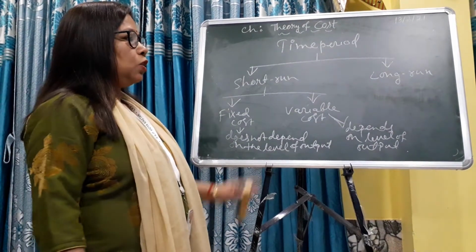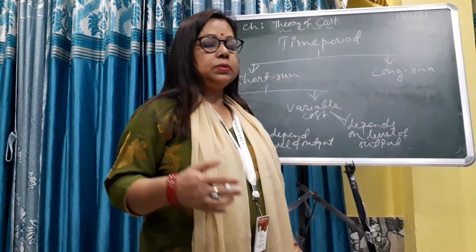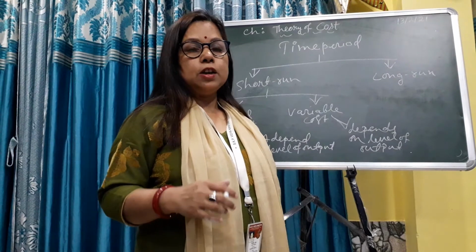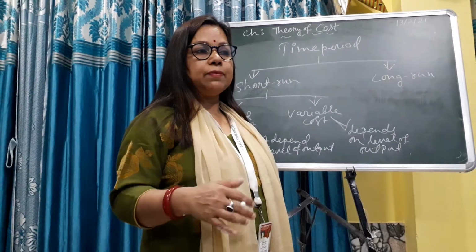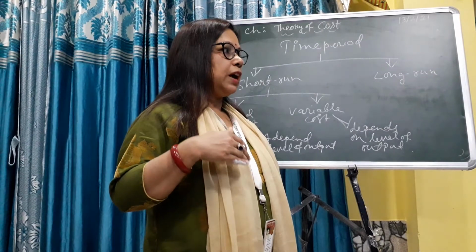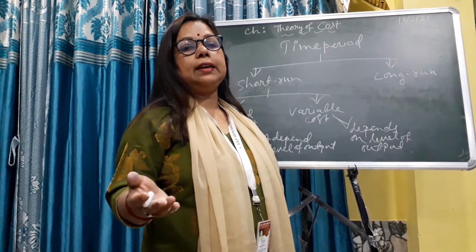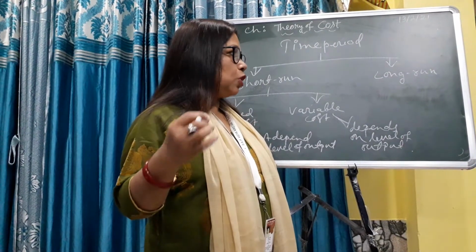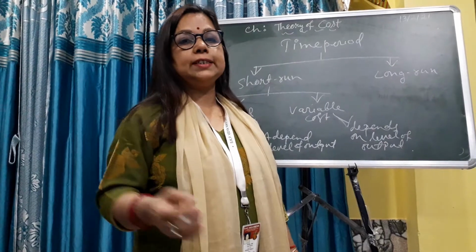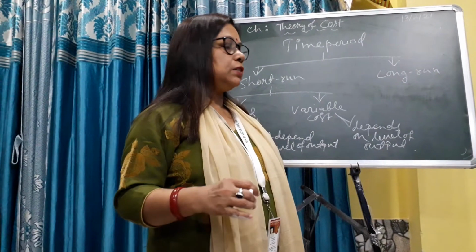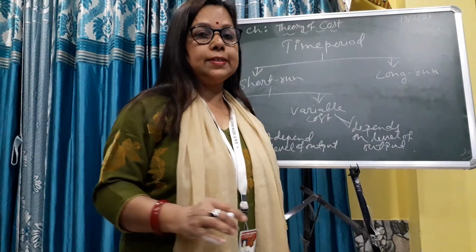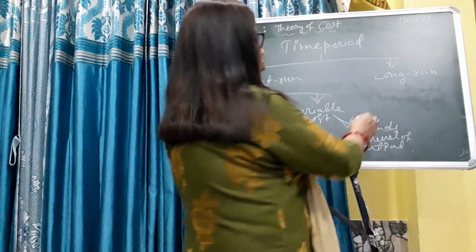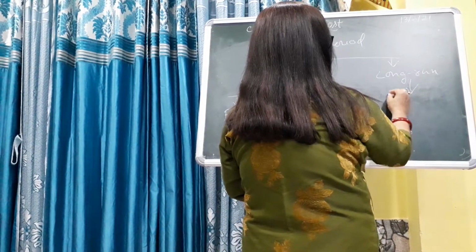But in the long run, the time period is long, and we can change the fixed factor. At present I have one land, and after 5 years we can purchase another land, so the size of land changes. So land is a fixed factor in the short period, but in the long period the fixed factor also changes. So in the long run fixed cost also changes, and there is only one cost, variable cost.